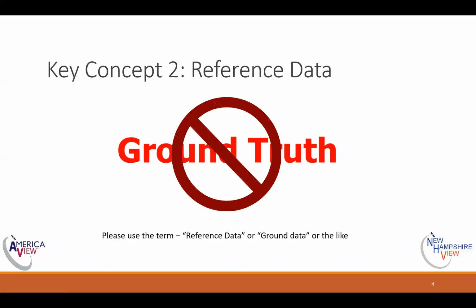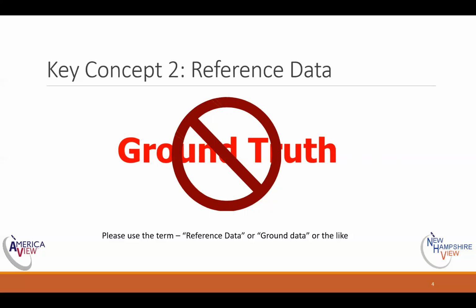Depending on how you're doing things, maybe you're collecting the reference data from photography or from other digital data or from somebody else, or maybe you actually go to the field to do it. But even in the field, two or three people could argue about what the right answer is, okay? So I think the term ground truth is a misnomer, and I ask you not to use it.